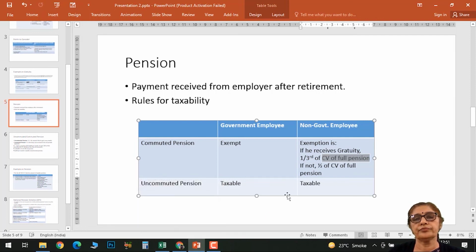Simple. So you will be given in the question the commuted value of a particular percentage. Convert it into 100%. So that is the commuted value of full pension. Of that, if you are receiving gratuity, 1/3. If you are not receiving gratuity, half.